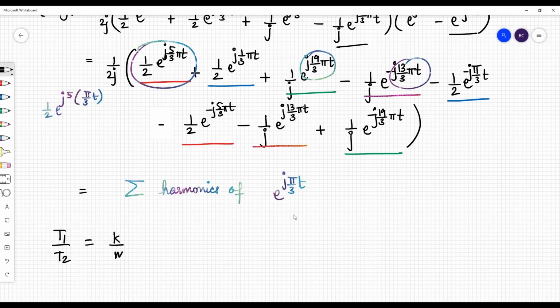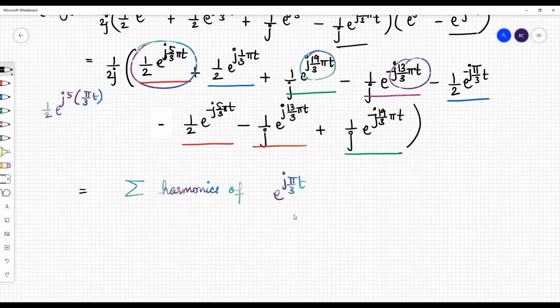That means it needs to be of the form k by m. Now, obviously, if the first signal has period t1 and the second signal has 2t1, or half t1, k upon m is going to be a rational number. So the moment you have harmonically related sinusoids, harmonics of pi by 3, obviously the ratio of their time periods is going to be a rational number.